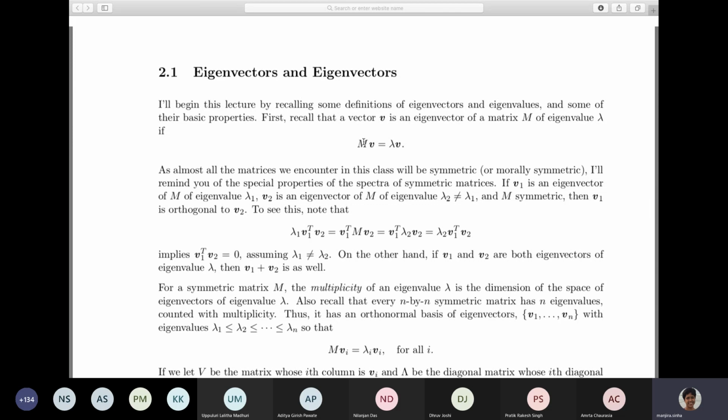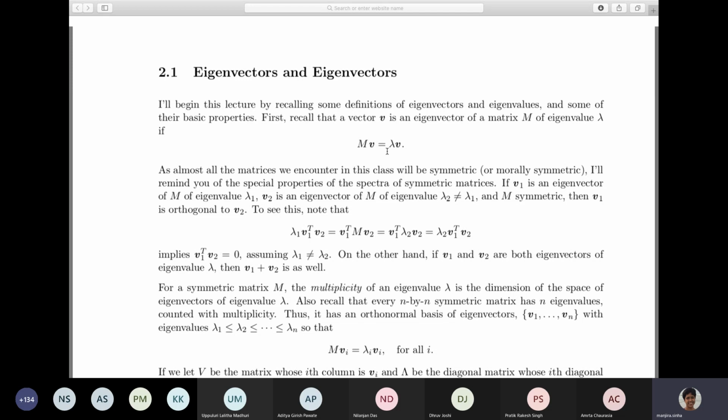Okay, so a small request again. Please write down these mathematical things as we go on discussing, and please feel free to stop me if you need time to write. So basically, for a matrix M, an eigenvector is defined as a vector v, and there is an eigenvalue defined as lambda.